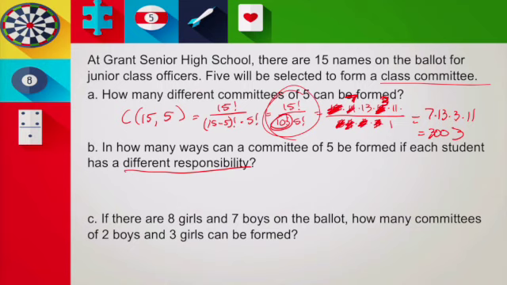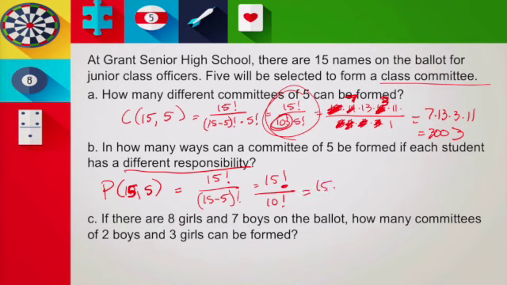And so that's now a permutation of 15, choose 5, which is 15 factorial over 15 minus 5 factorial. 15 factorial over 10 factorial, or 15 times 14 times 13 times 12 times 11.